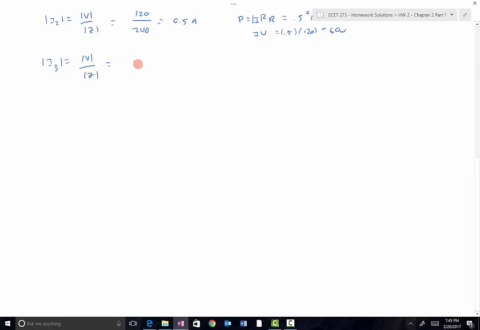So that's going to be equal to, well, I need to determine what Z is here, but that's going to be 120 over the magnitude of that resistor plus j 2 pi f, which was 60, times L, which was 0.25 henries.